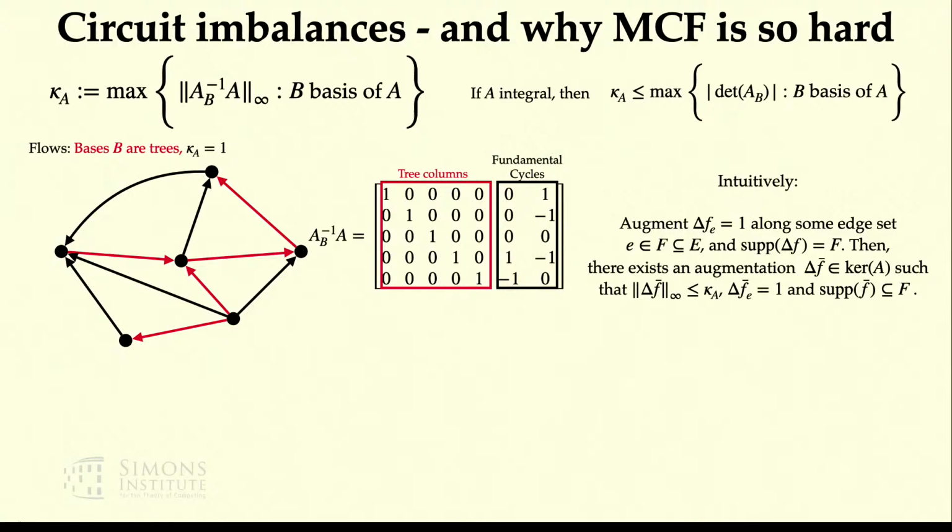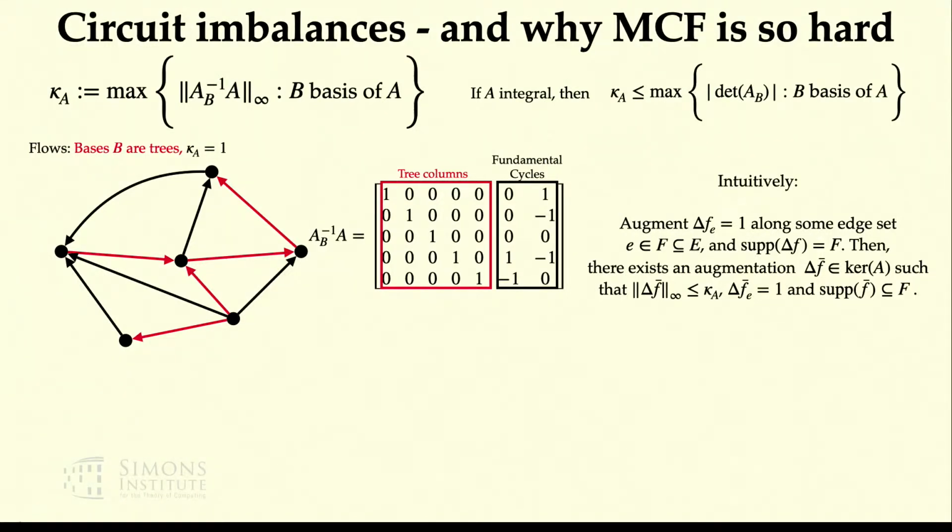Okay, and this concept generalizes to general LP, so that intuitively this condition number can be described as follows. Say you want to augment flow, or you want to change the value of a variable by 1, and you want to do that with a vector f that is supported on a subset big F of the variables.